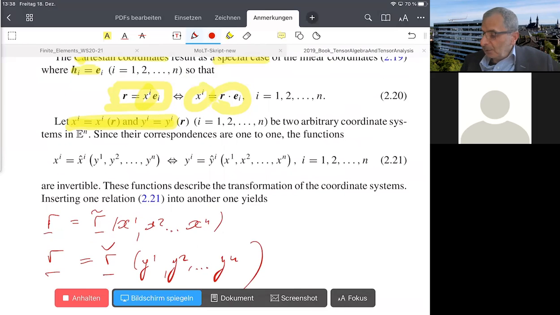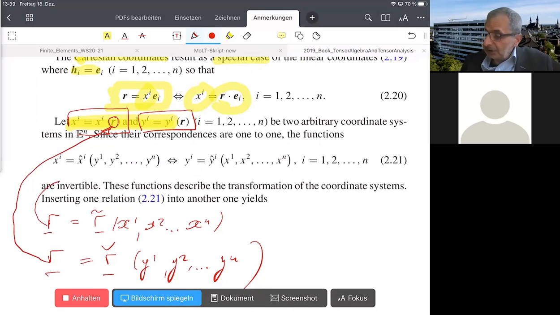And now what I do is the following. You see, coordinates x are a function of r. And here, instead of r, I insert this representation in terms of y, right? That is the first idea. The second idea: in the second coordinate system, instead of r, I can insert this representation in terms of x, right?